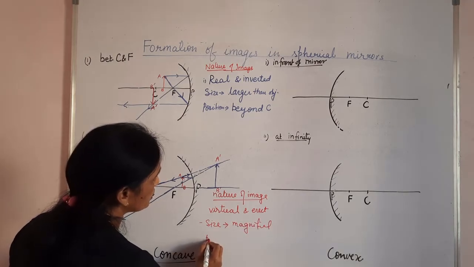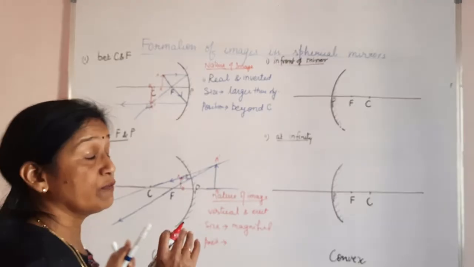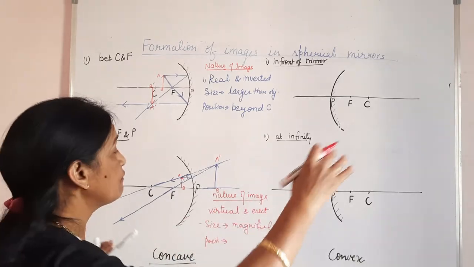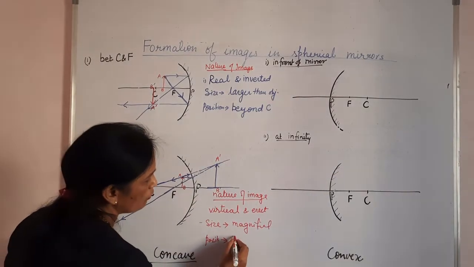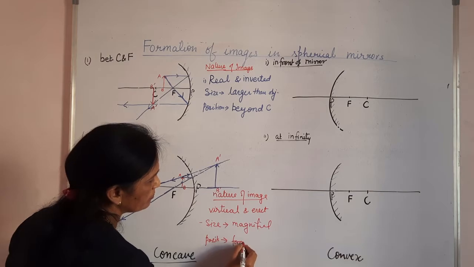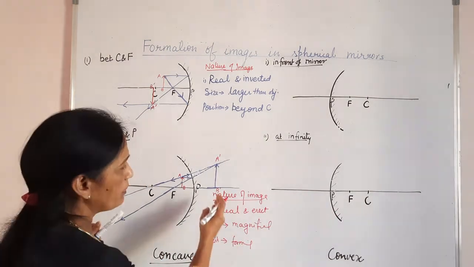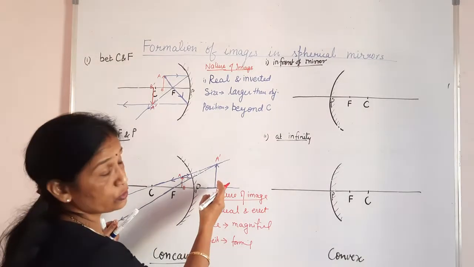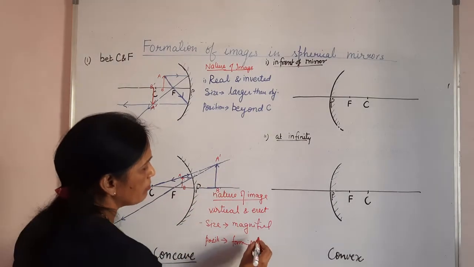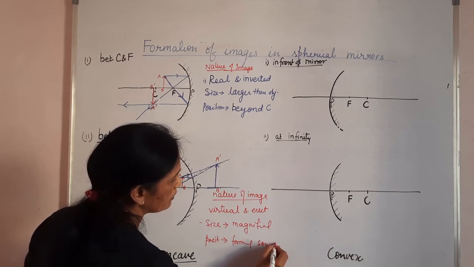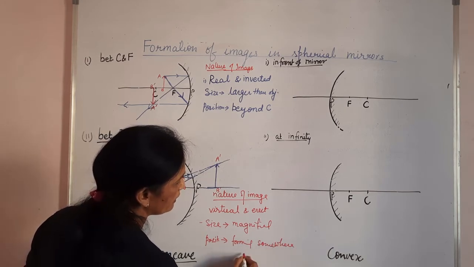And what is the position? It is forming somewhere inside the mirror. In our copy, we show it behind the mirror, but it's actually forming somewhere inside the mirror.